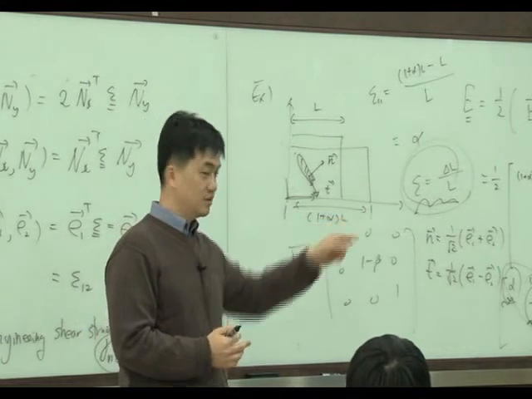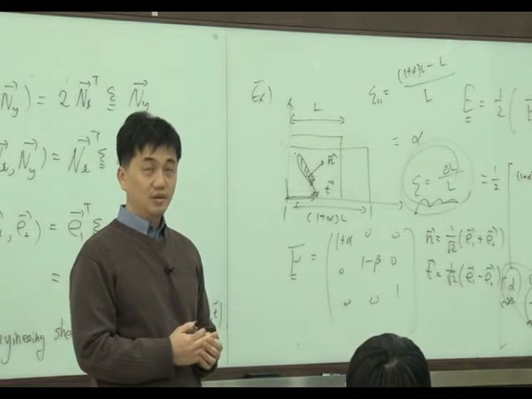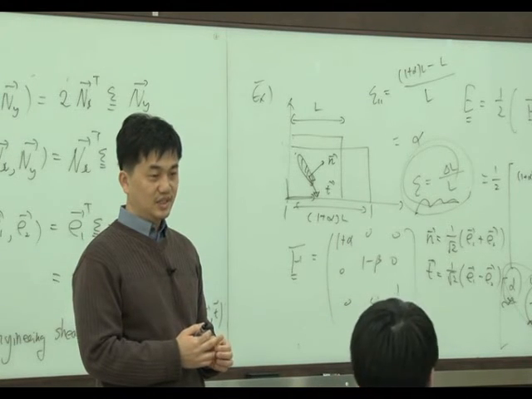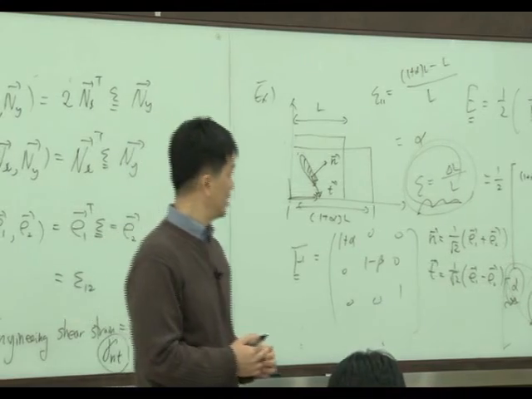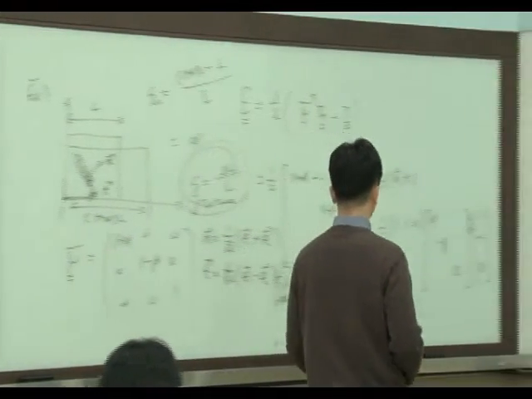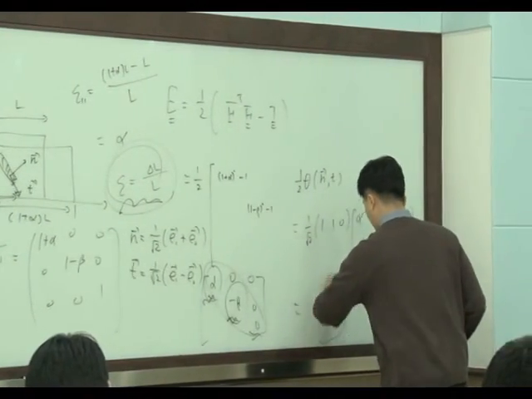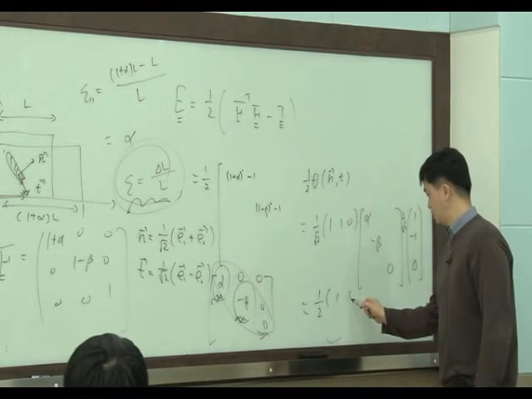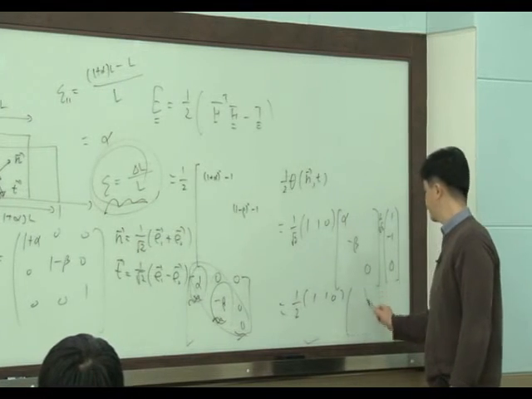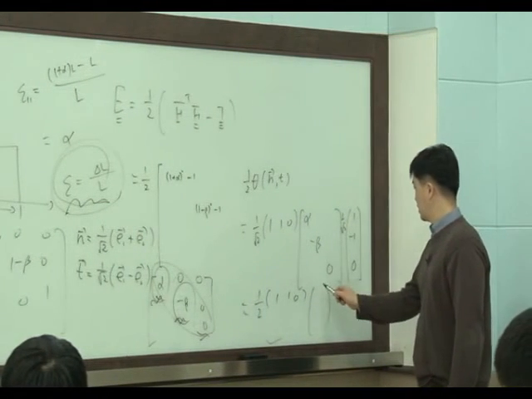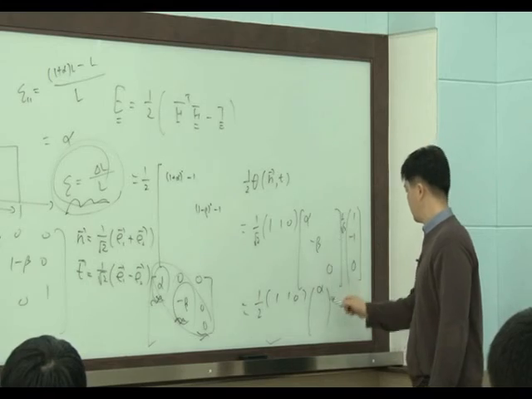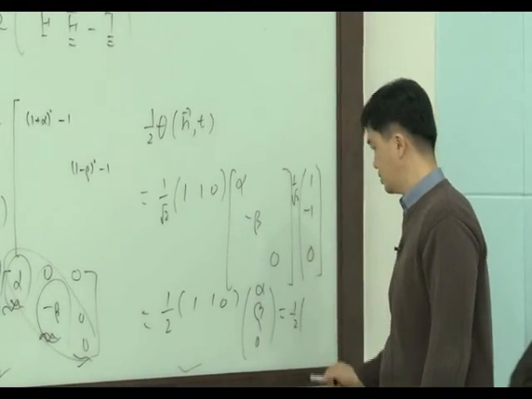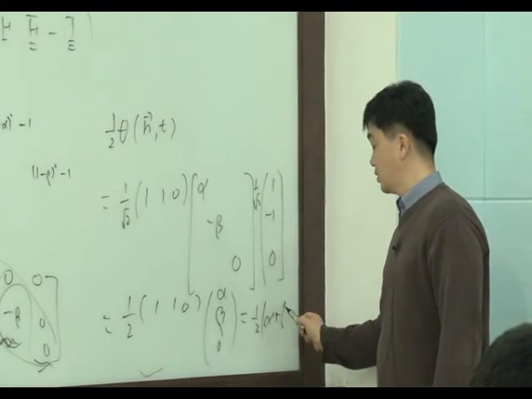Can you calculate that? A simple matrix calculation? Not yet. Okay, so 1/2 and 1, 1, 0, and here alpha, beta, 0, right? Equals 1/2 alpha plus beta.